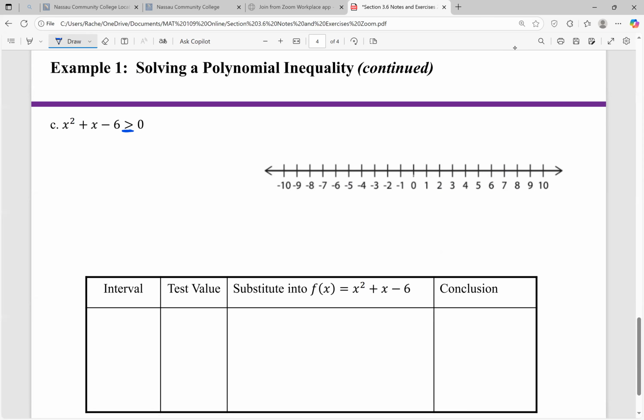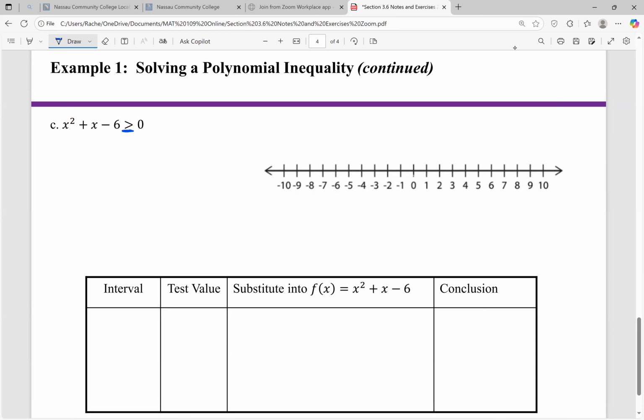So let's solve x squared plus x minus 6 is greater than or equal to 0, because I want to do one that includes equal to. The steps are the same, but I just want you to see how it's going to be a little bit different when we set up the number line and write our solution set. That's all. So I want everybody to change this inequality to greater than or equal to. Just put a little equal sign underneath, and that's what we're going to solve.